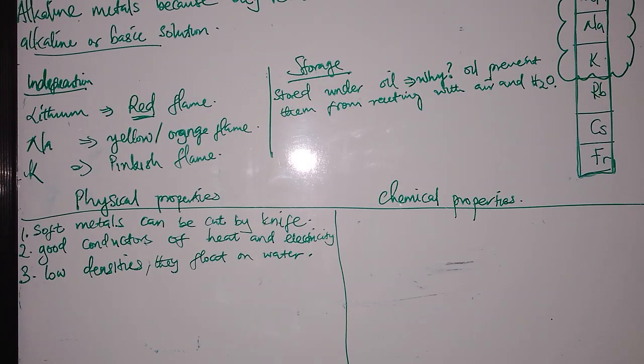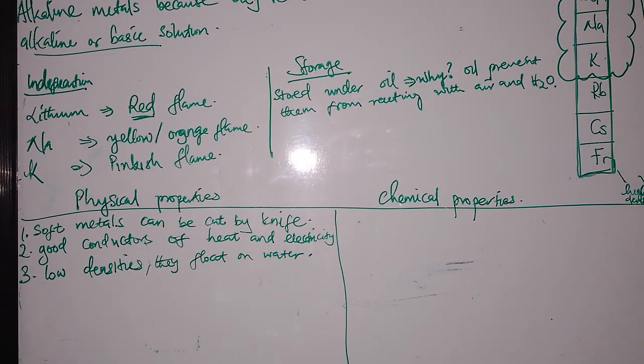Then when we talk about the low density, the density will increase as we are going down. Meaning lithium will have the smallest density, then francium will have the highest density.